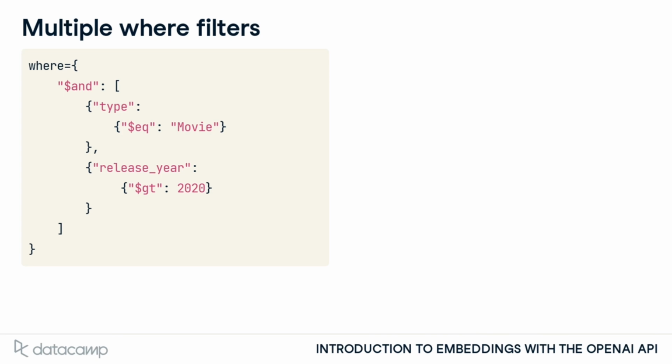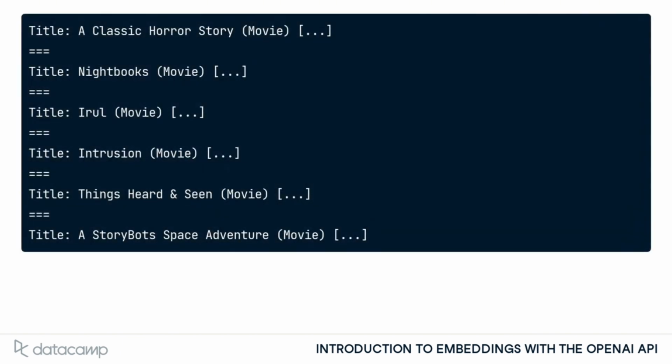To do this, we combined 2 where filters with an AND operator, type equals movie and release year greater than 2020. To filter for results that meet at least one condition, we can use OR instead of AND. There we have it. Our recommendations now only include movies released after 2020.